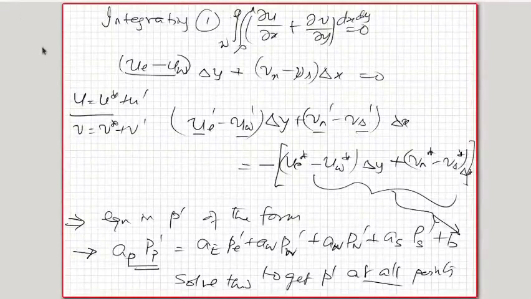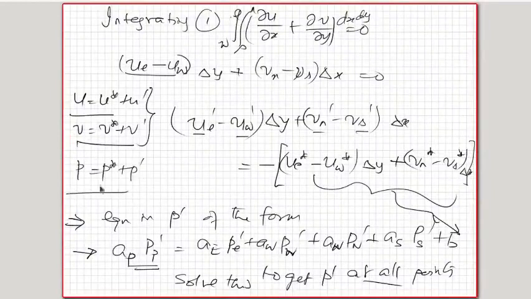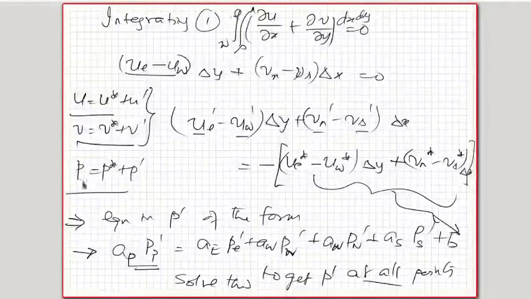So using these expressions, you can actually correct the U star to U and V star to V, and similarly P is equal to P star plus P prime. Okay, so you can correct the pressure and velocity, and then you can go back to solving the momentum equations again. So I hope the pressure correction method has become clear to you.